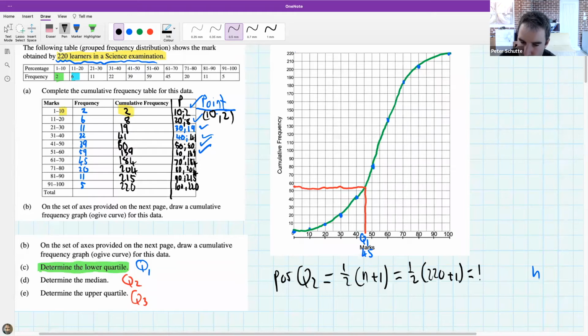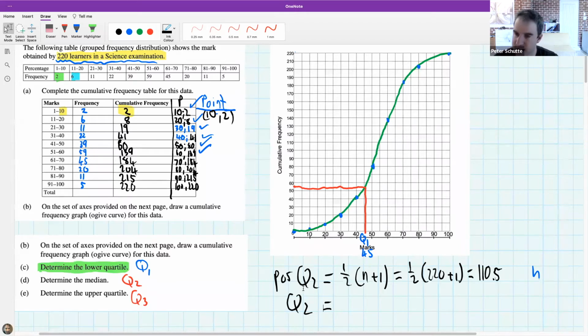Awesome. Okay, so we know it's position 110.5. So what is Q2 going to be? What is the estimate of the median from the ogive going to be? Asanda agrees. Awesome. Okay, so we're using the same method. Now I want to know, what is the median going to be?